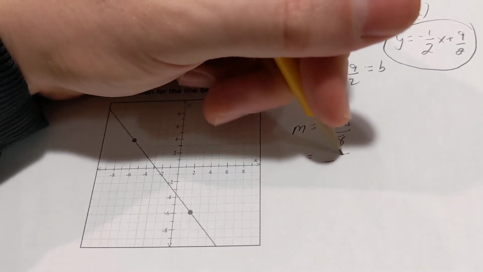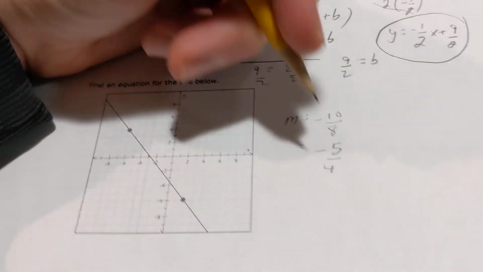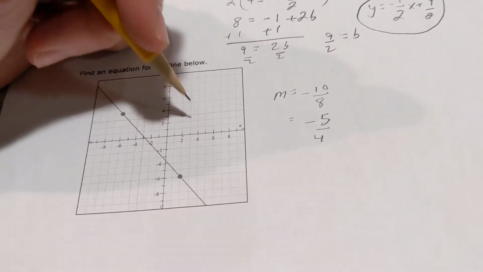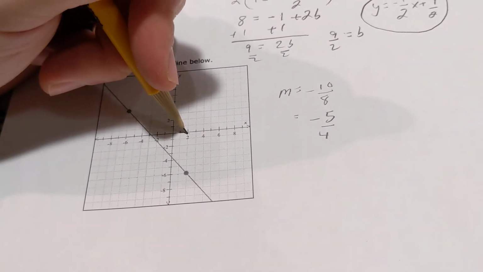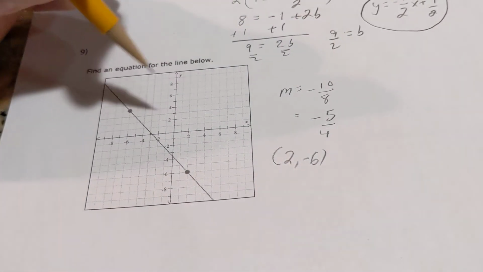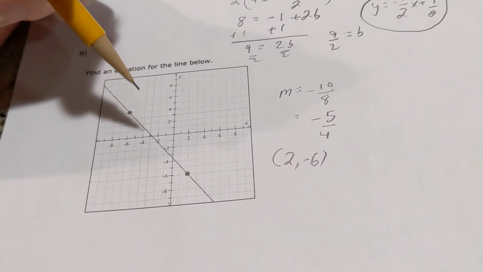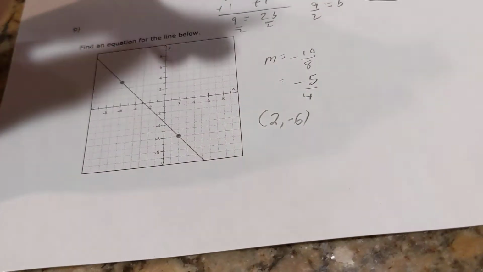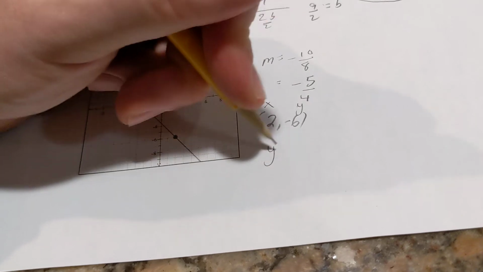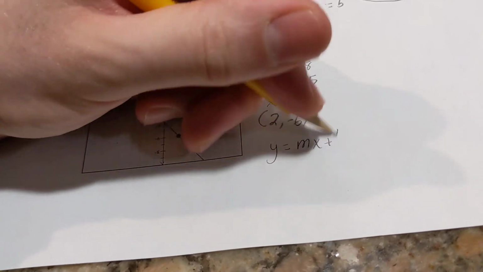So our slope is -5/4. For our point, we don't have a point where everything's positive, so I'm just going to use 2, -6. Again, it doesn't matter which point you use. You can use this one or any other point that's clearly on the line. Then x, y, y equals mx plus b.